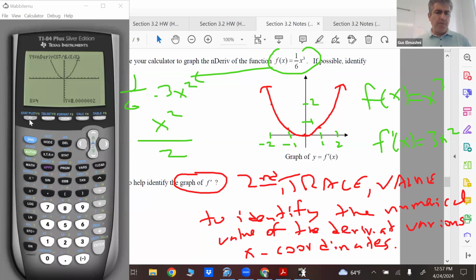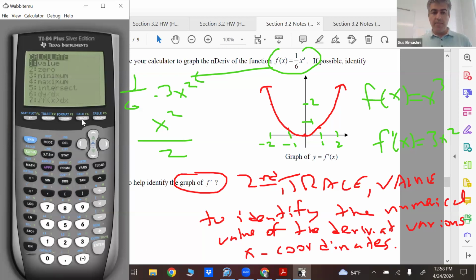Another thing we could have done too: if I just graph the original function, x cubed divided by 6, and if it's second trace, pick option 6. Now you know what that means. And type in 2. It does give me the derivative.